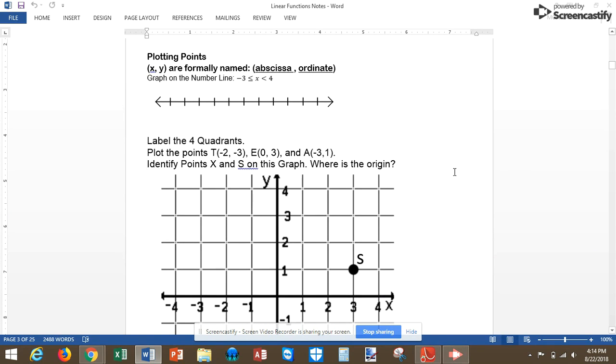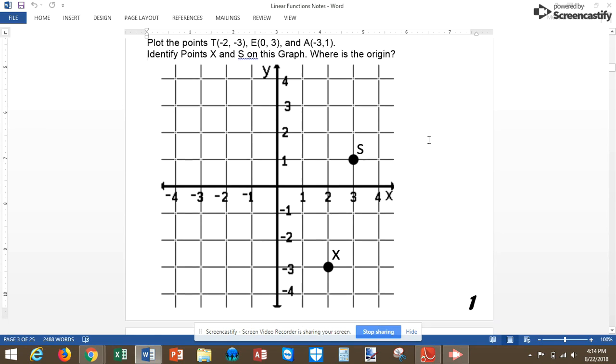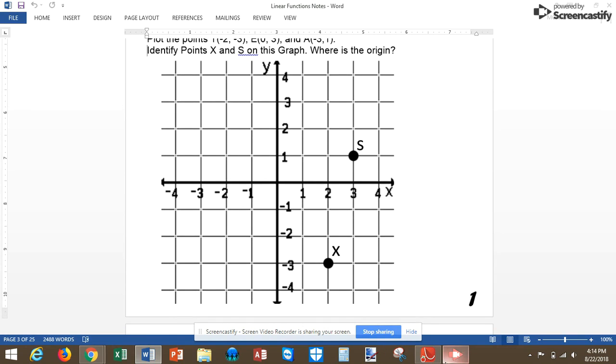And then the next example is label the 4 quadrants, 1, 2, 3, and 4. Plot the points T(-2, -3), E(0, 3), and A(-3, 1). And then identify the points X and S on the graph. Where's the origin? Label that as well.